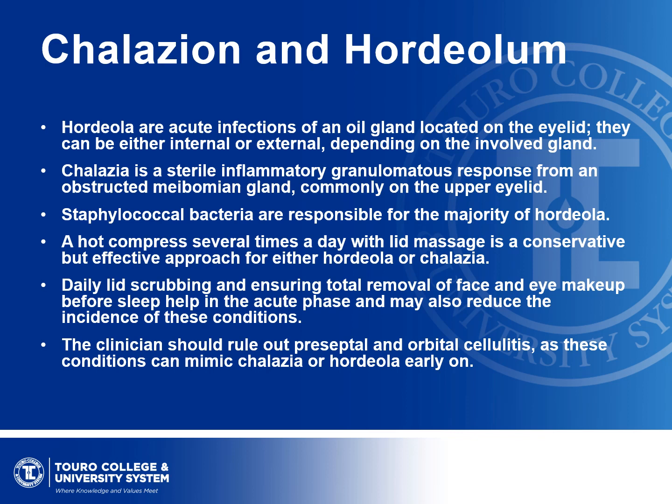You can have them visible, where you can see it externally, or internally, where you have to flip the eyelid up to look and see. And a chalazion is a sterile inflammatory granulomatous response from an obstructed gland. So it is almost like a little sebaceous cyst in there.